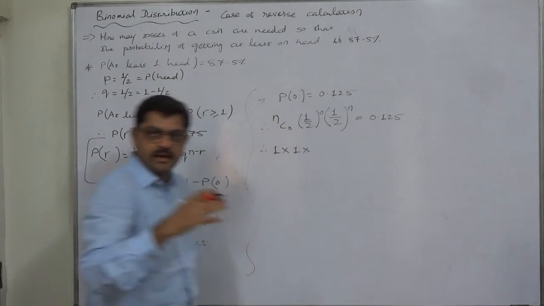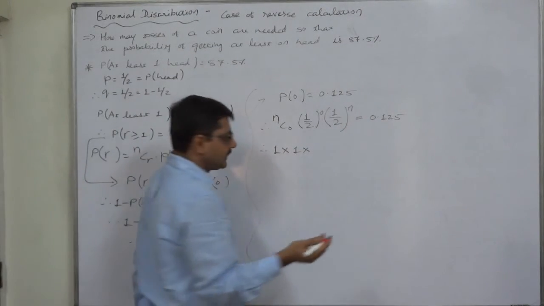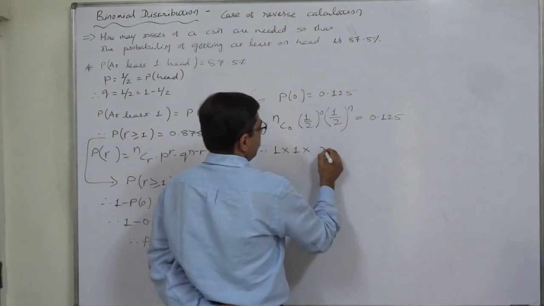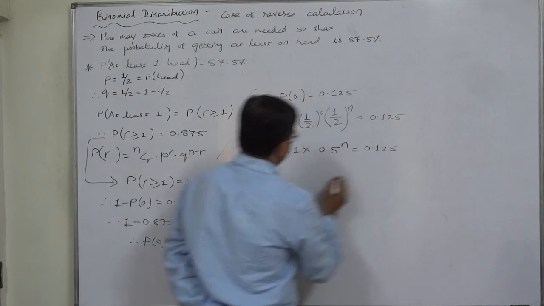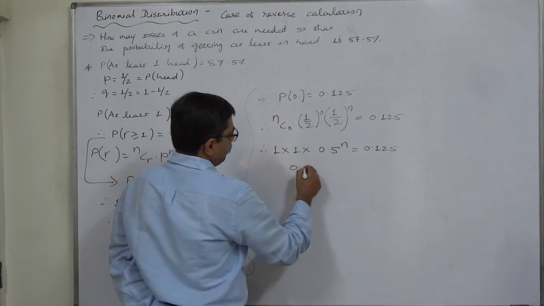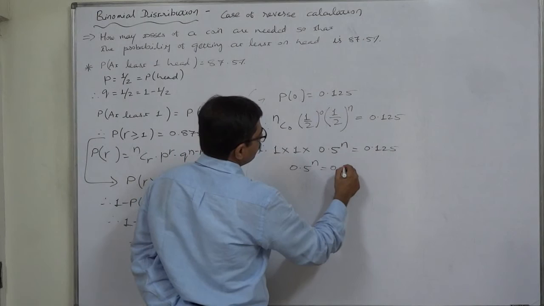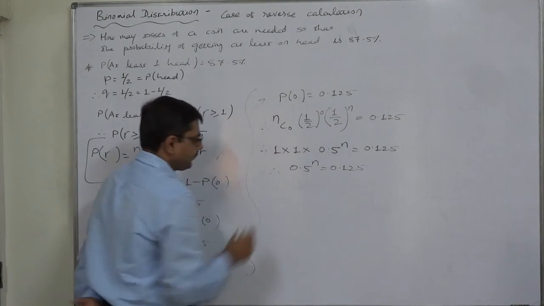On both sides we are going to take the values in decimal form. 0.5 raised to n equals 0.125. This is 0.5 raised to n equals 0.125 ultimately.